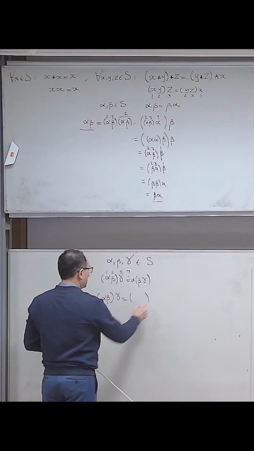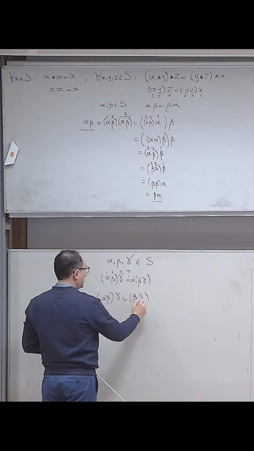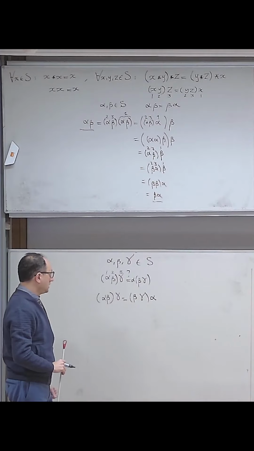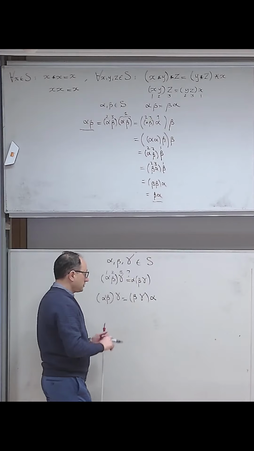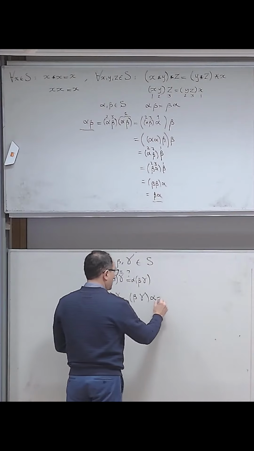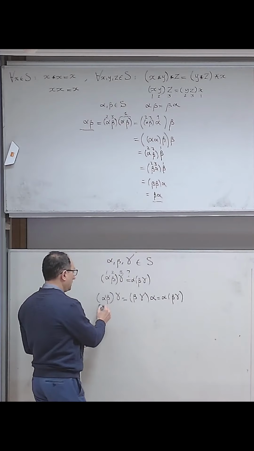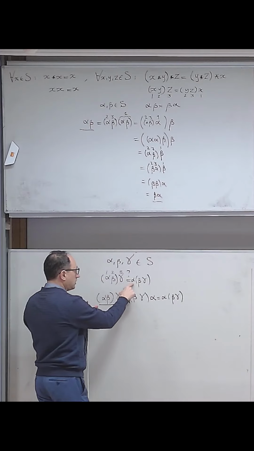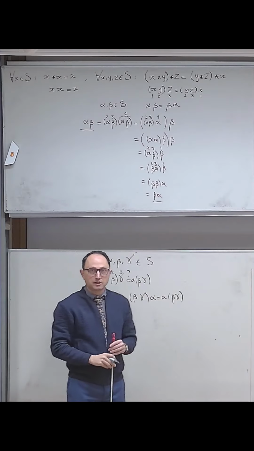Okay, that's the case. But now we already showed that this is commutative, so I can commute these two elements. So then it becomes alpha, (beta gamma). So I am done. (Alpha beta) gamma is equal to alpha (beta gamma). So associativity is also proven.